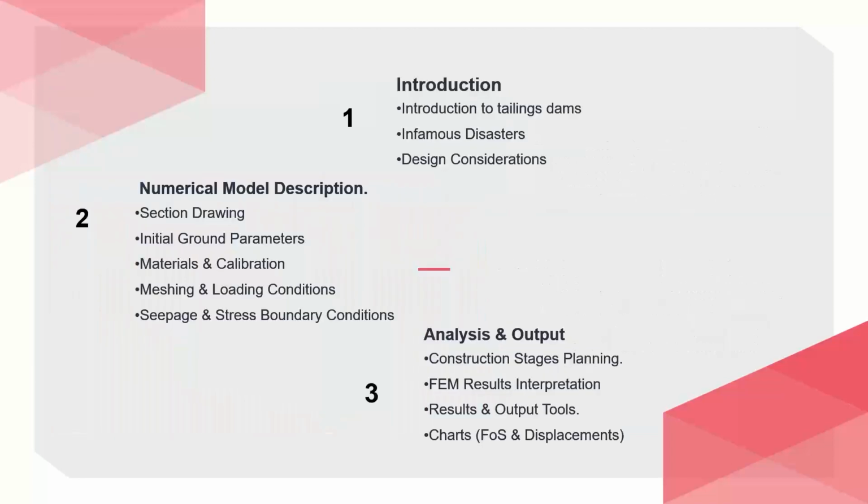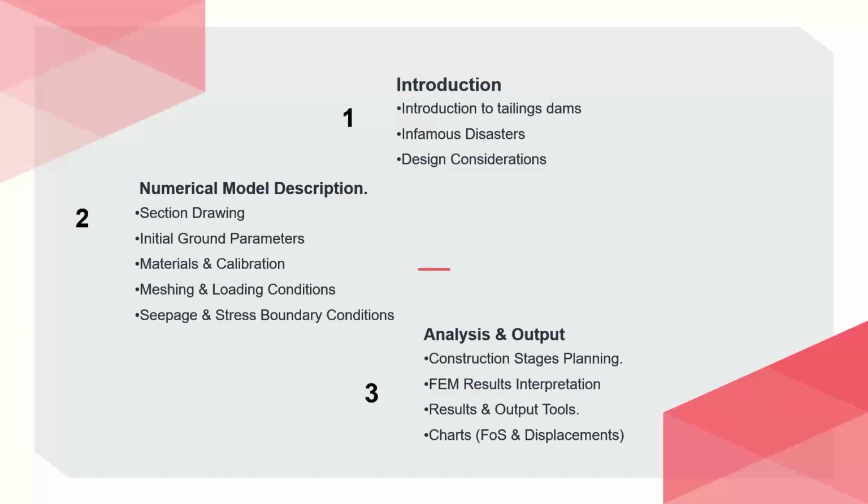Now, coming to the agenda for today, we'll start with the introduction, where I'll talk briefly about tailings dams. I'll cover one infamous disaster from Hungary. Then we'll talk about some of the design considerations. In the second part, we'll come to the numerical model. I'll show you the section drawing, the ground parameters, materials and calibration, meshing and loading conditions, and the boundary conditions.